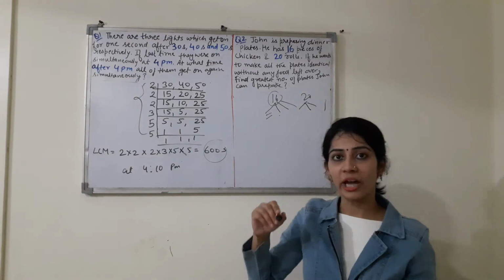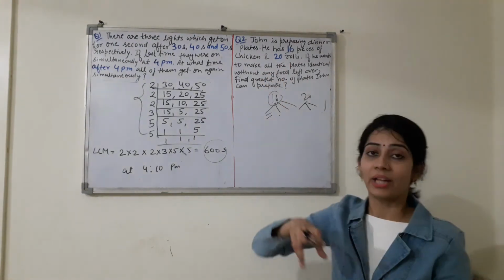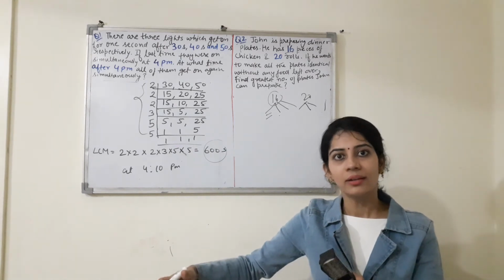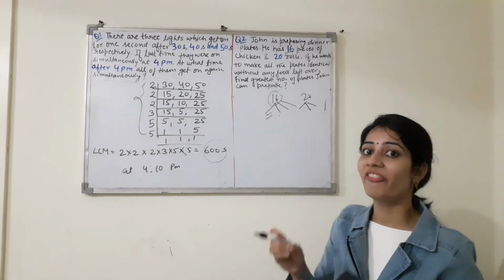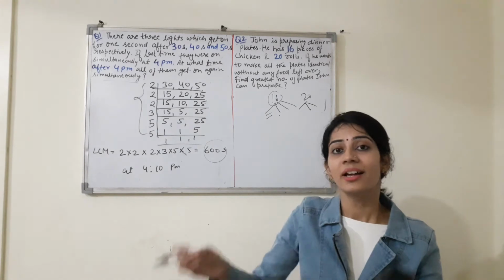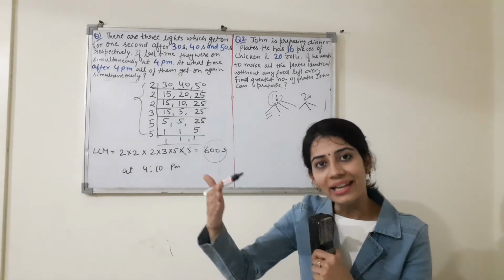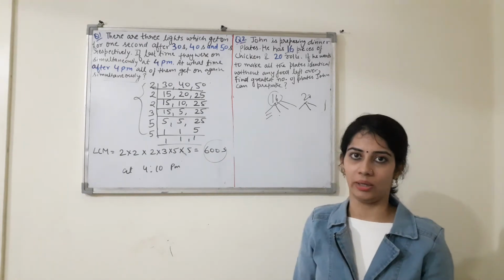Similarly the number of food items of roll will be less than 20 in each plate. So it means it is a question of factors, because in factors I have told you that the factors of the number will always be equal to or less than the given number, right?